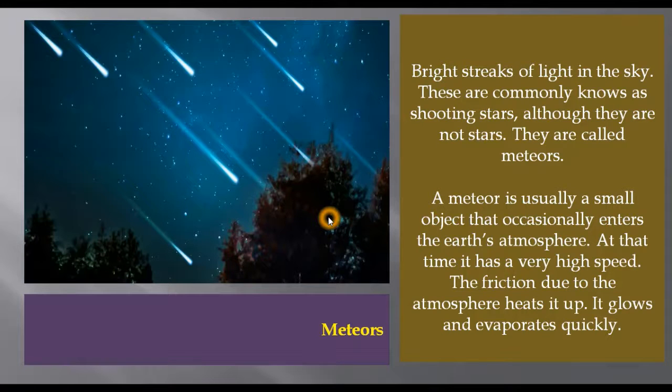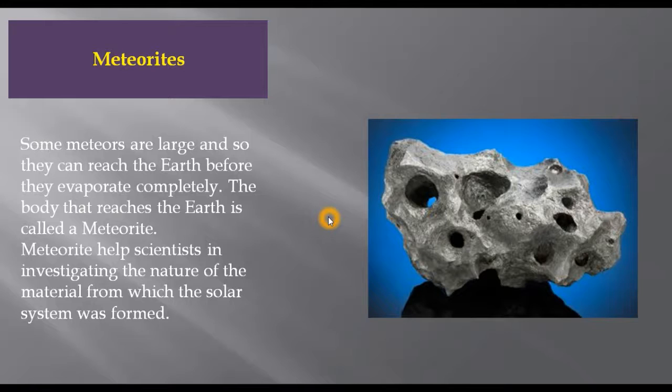And that is known as a meteorite. So basically, a meteor which does not burn up completely on entering the Earth's atmosphere and lands on Earth is known as a meteorite. So meteorites are a sort of stones falling from the sky, and their size ranges from small pebbles to big blocks many tons in weight.